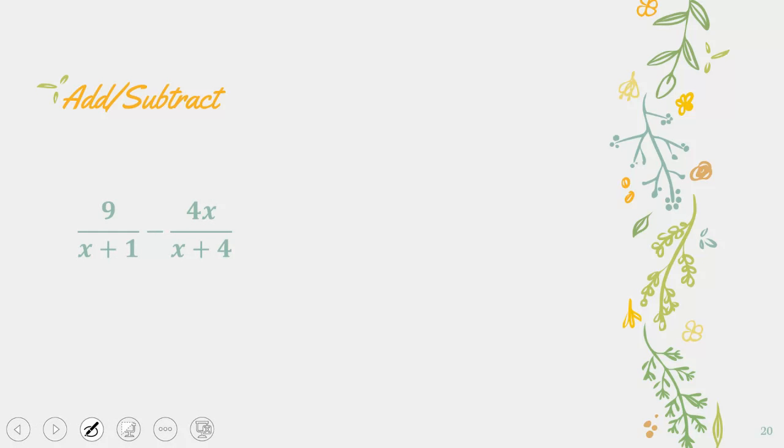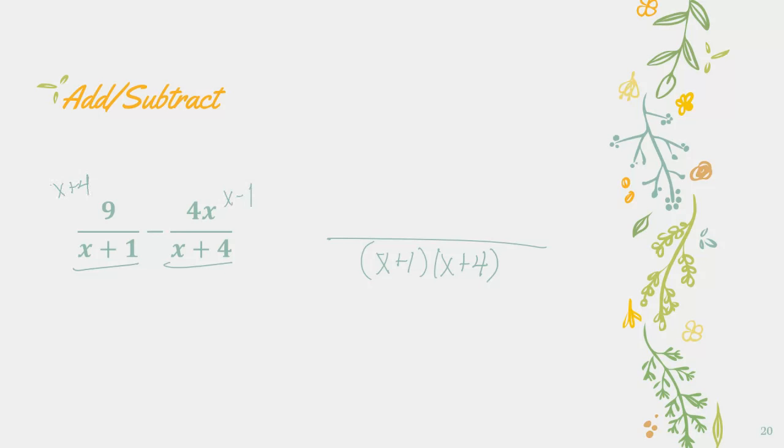Same thing here, we want to add or subtract this. These clearly have no terms in common, so my common denominator is x plus 1 times x plus 4, which means I'm going to be multiplying the left by x plus 4 and the right by x plus 1. 9 times x plus 4 is 9x plus 36. 4x times x plus 1 is 4x squared plus 4x.